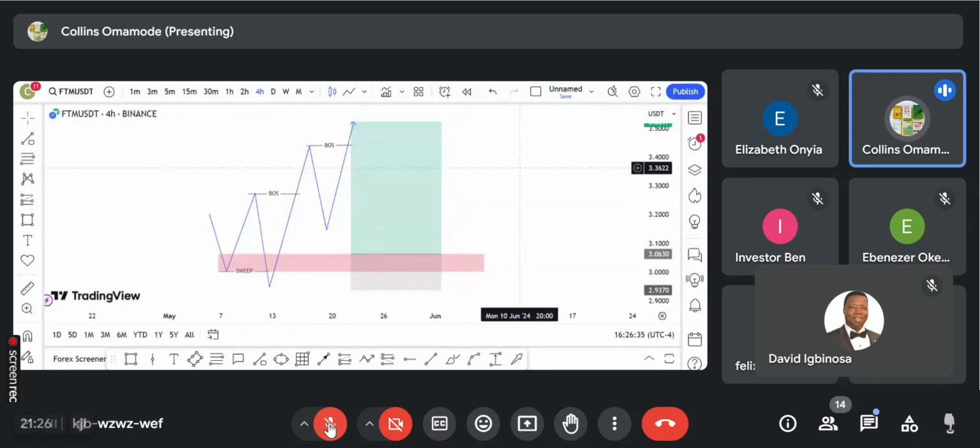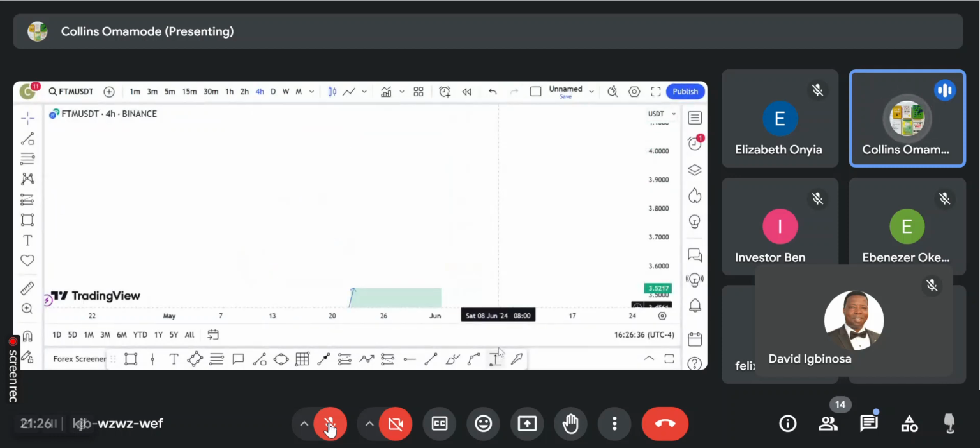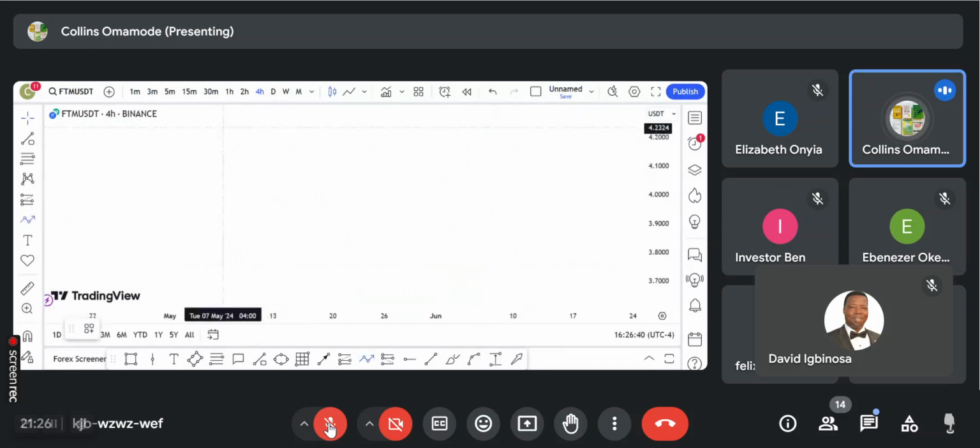This is for the bullish side. For the bearish side, a sweep, a break, another break.